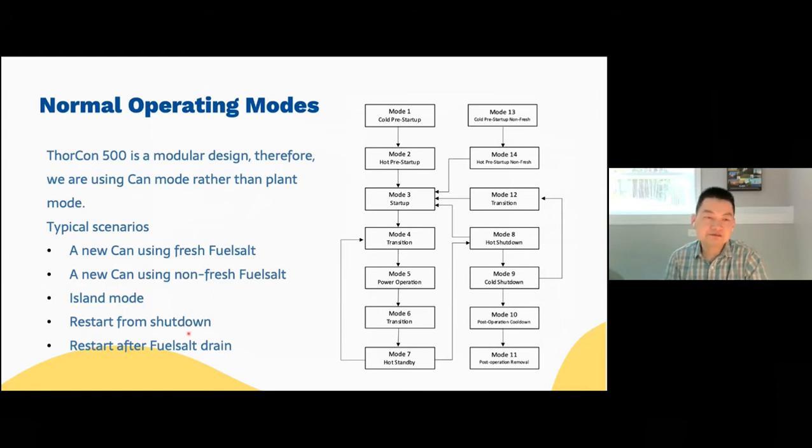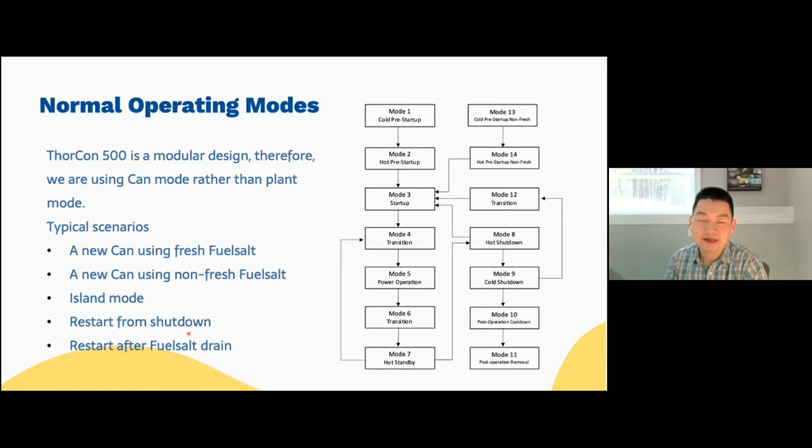Okay, so ThorCon 500 is a modular design. That means at any given time, the cans or the reactors in the power plant may be in different operating modes. For example, one can be in power operation, the other can be in cooling down state, and the third one might just be replaced.